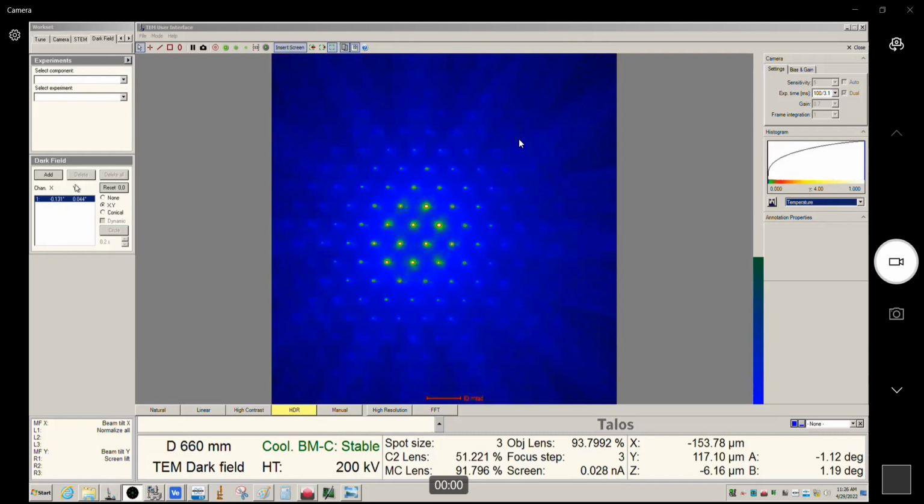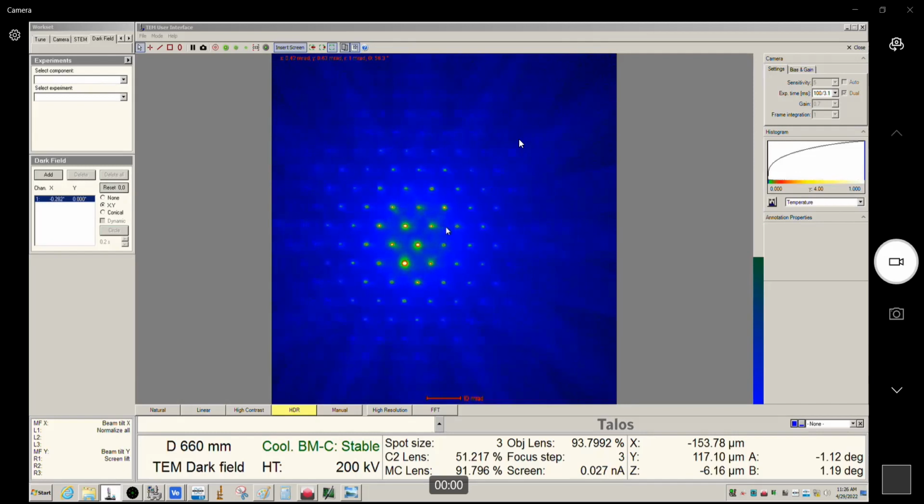If you get lost, click on dark field, click reset 0, 0. There's your direct beam right there. All right, so now we're getting, there we go.